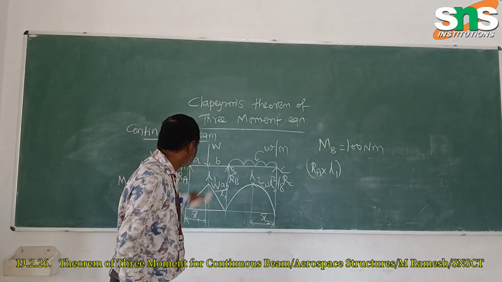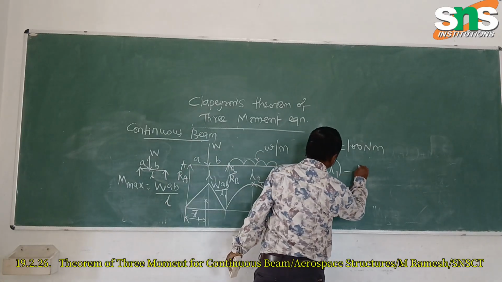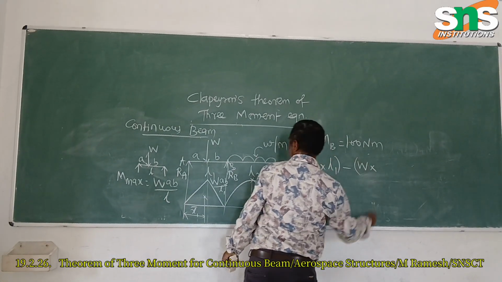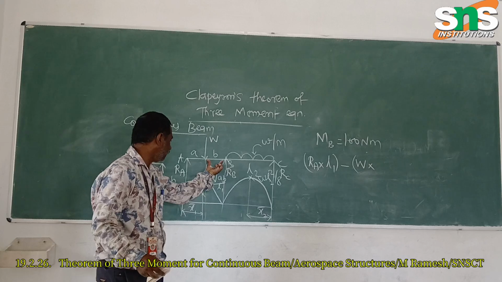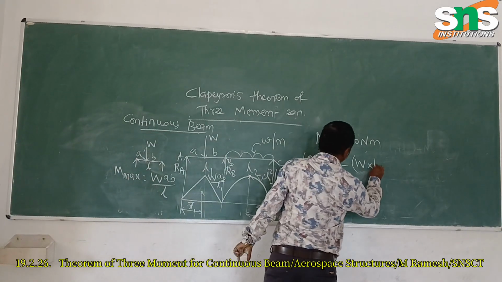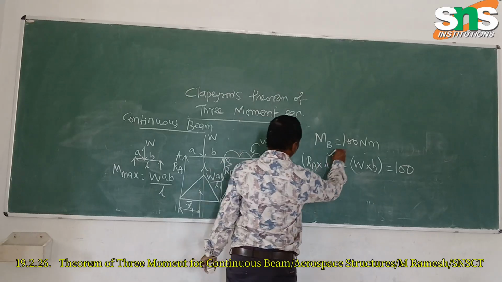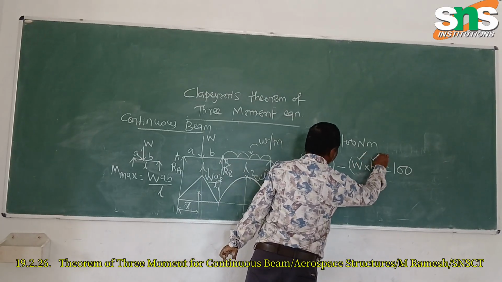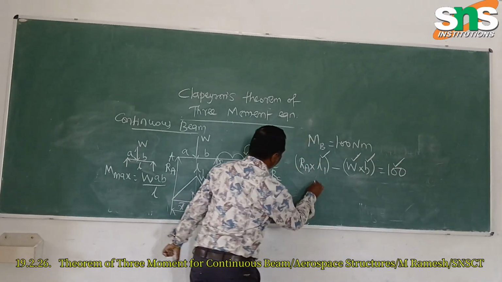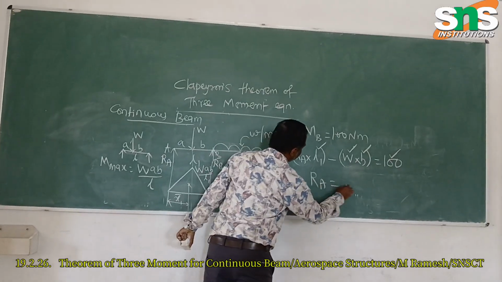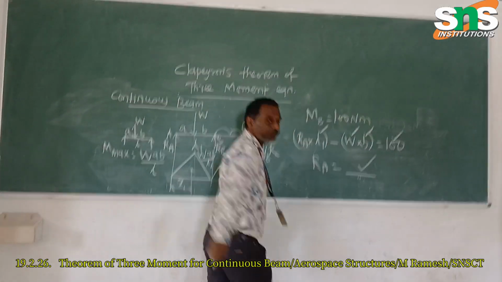Since W is downward, it is W into the length to the point B. Here I know L1, I know W, I know B, and the only unknown is RA. Like that, I can find the RA value.